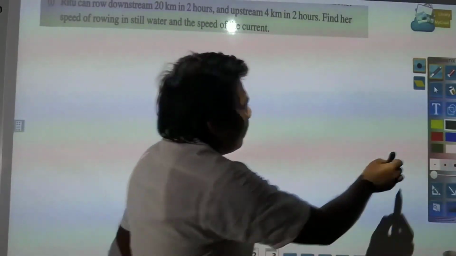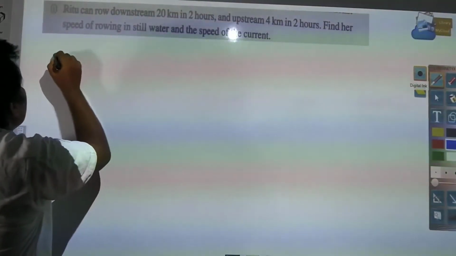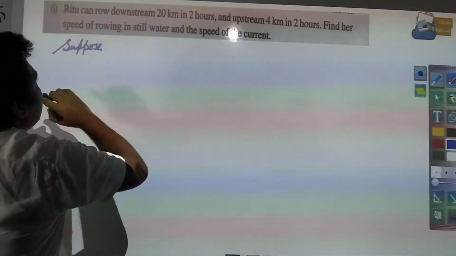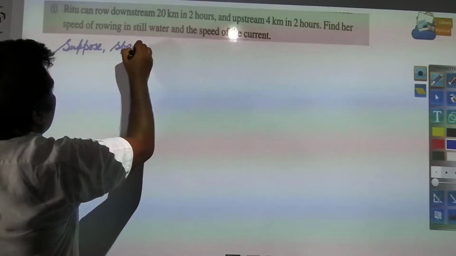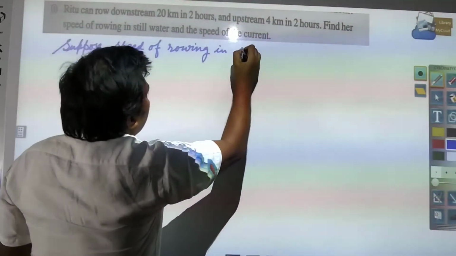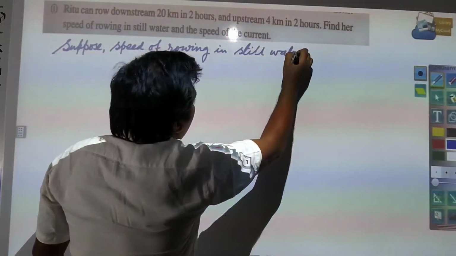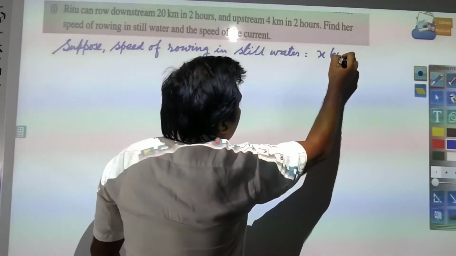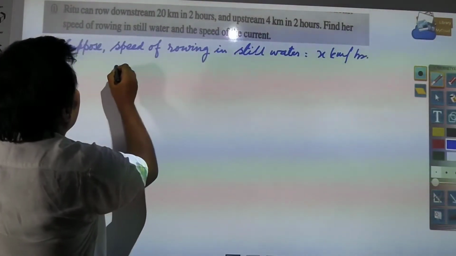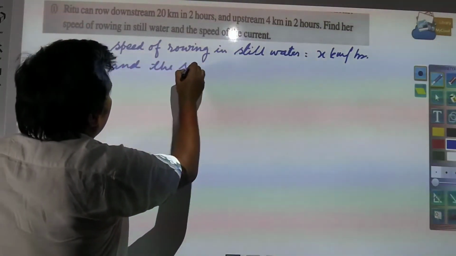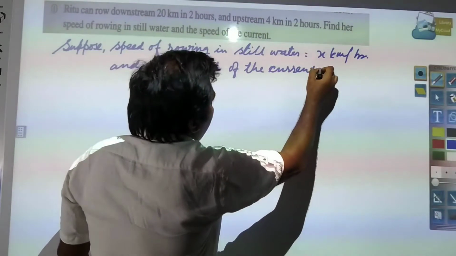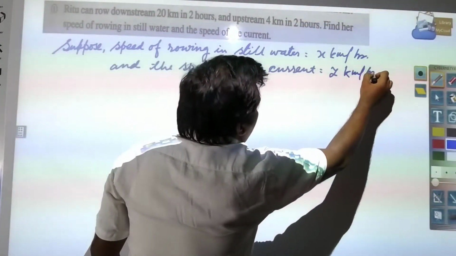Here you see. Suppose the speed of rowing in still water is equal to x km per hour, and the speed of the current is equal to y km per hour.